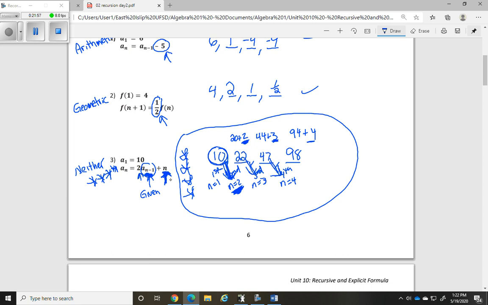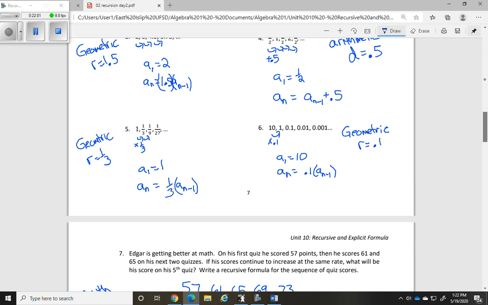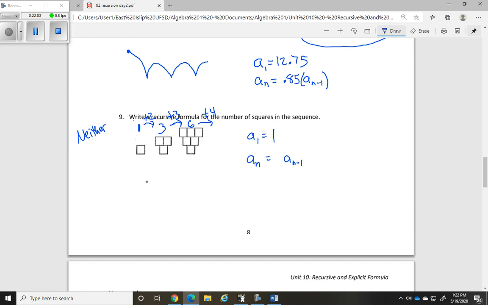Now this is where you have to be careful. This is when n is 1, this is when n is 2, and this is when n is 3. So to get my new thing, if I start with 1 and I want this to be a 3, I had to add on that 2.